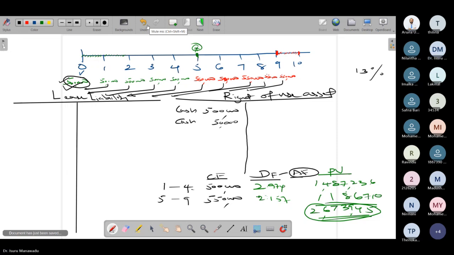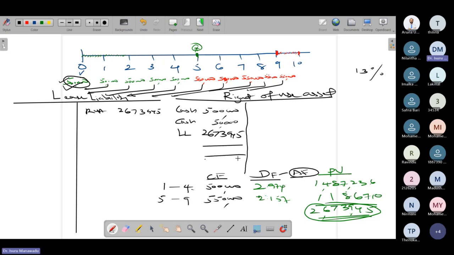Okay, what's the double entry? Right of use as a debit, 2,673,945. Lease liability credit, 2,673,945. Here, right of use asset, here lease liability. You need to change two names.